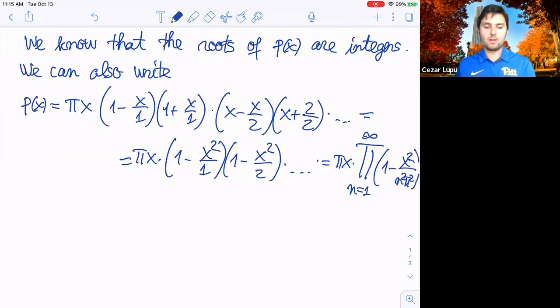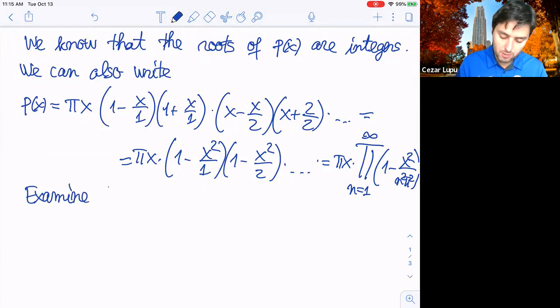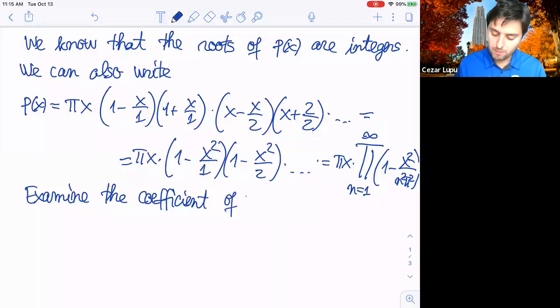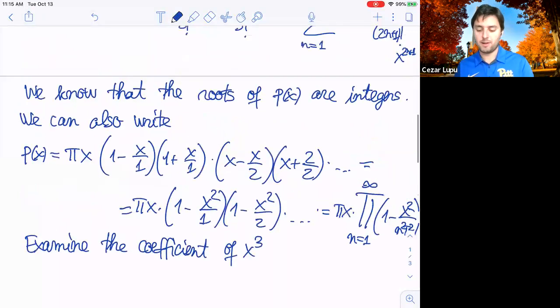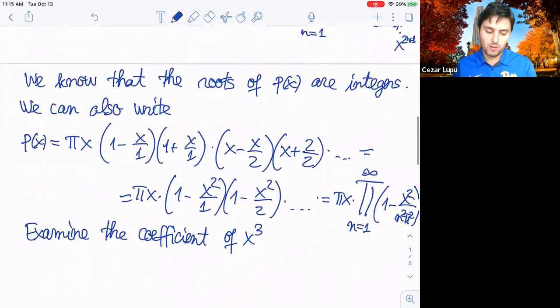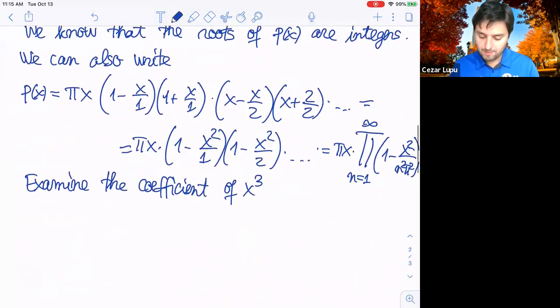Anyway, what he did is the following. We examine the coefficient of x cubed in both expansions.